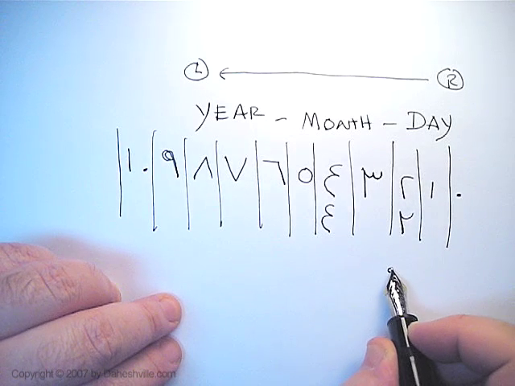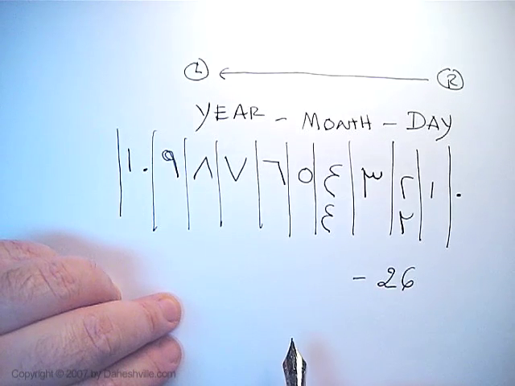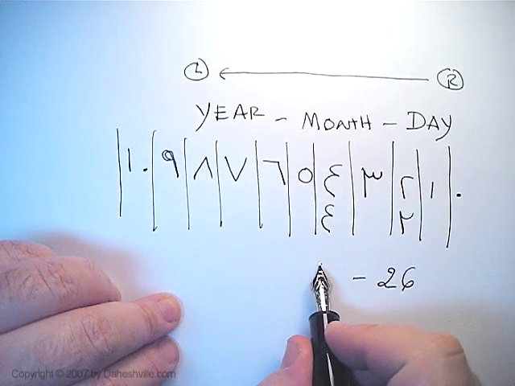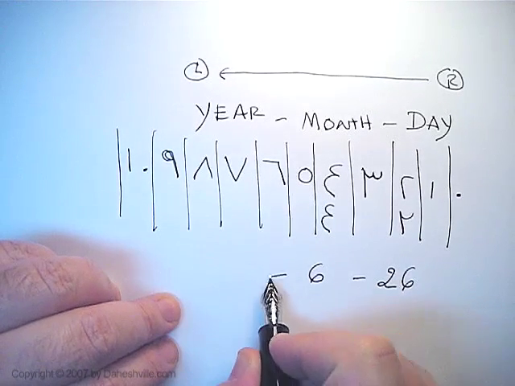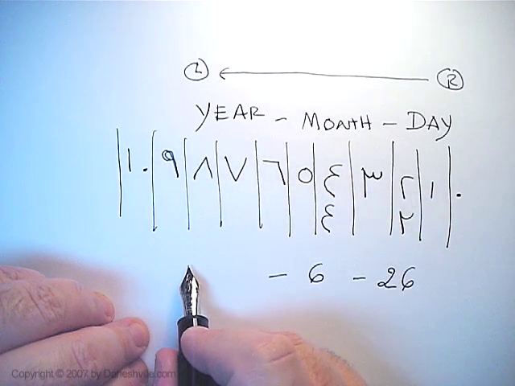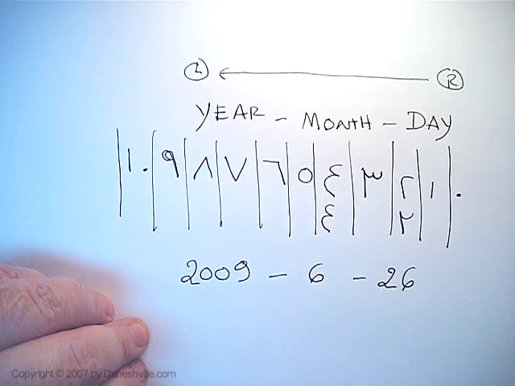Let's convert some numbers, some days. Let's say the date is the 26th, and the month is the 6th. And incidentally, we're separating the numbers with dashes. Okay, we need a year. How about 2009?